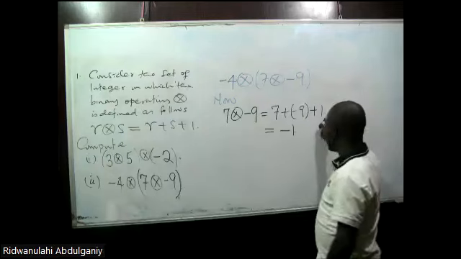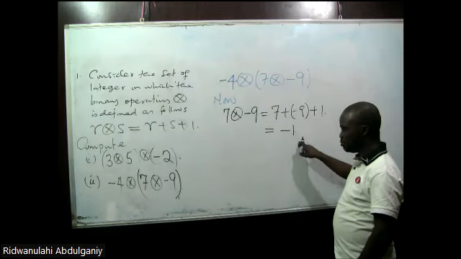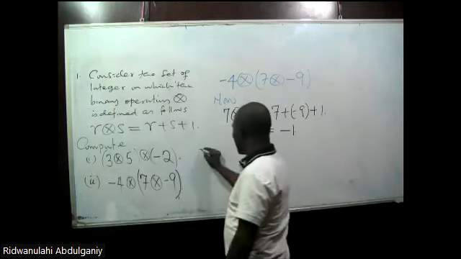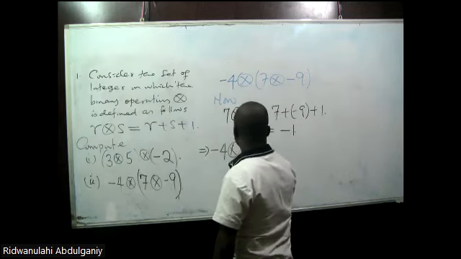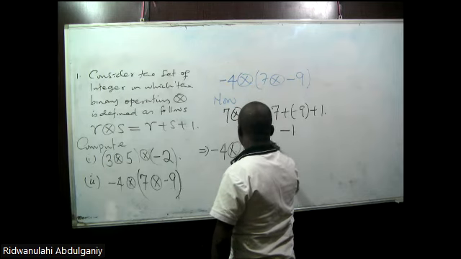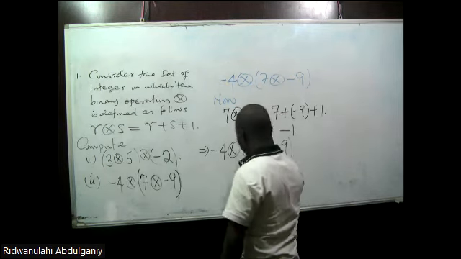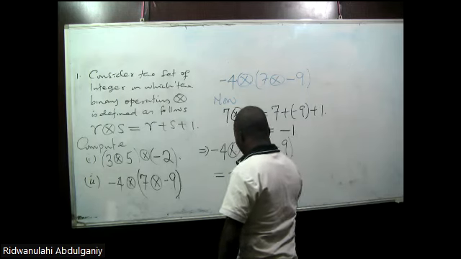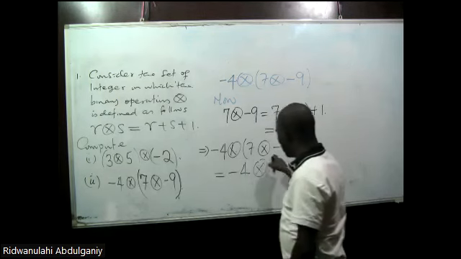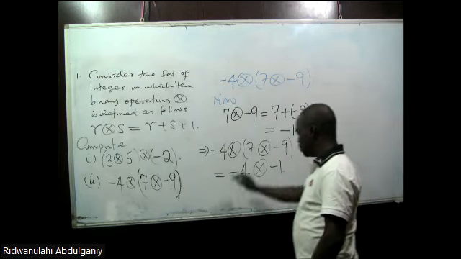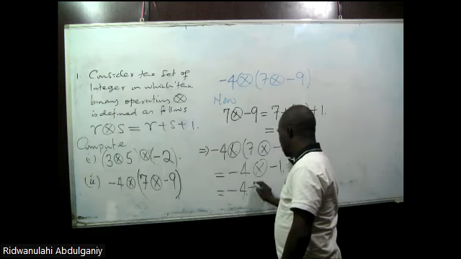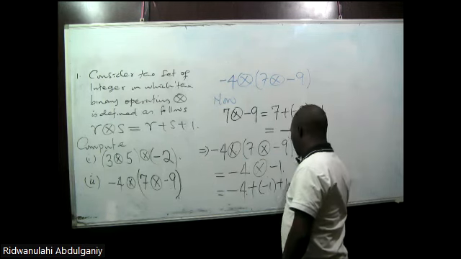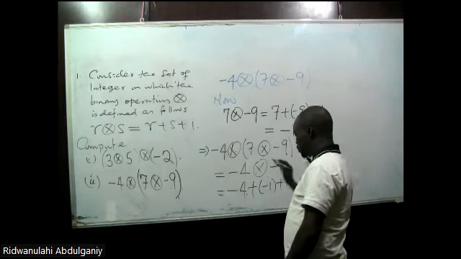But 7 plus 1 is 8, 8 minus 9 is -1. So that implies that -4 operation 7 operation -9 equals -4 operation -1. Now we have obtained the value for this as -1. First element plus second element plus 1. Of course, -4 plus -1 plus 1 gives -4, and the final result becomes -4.